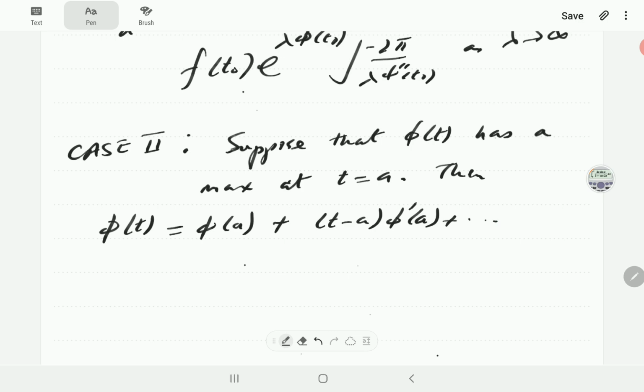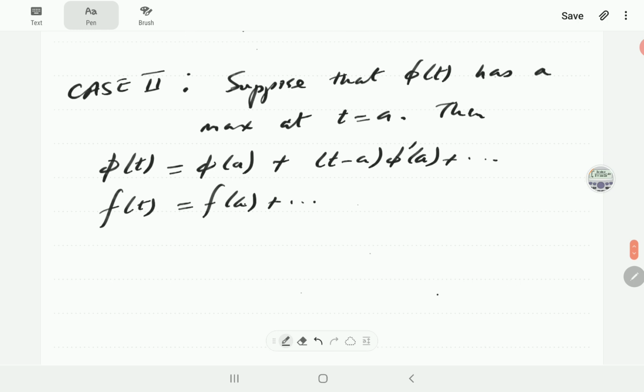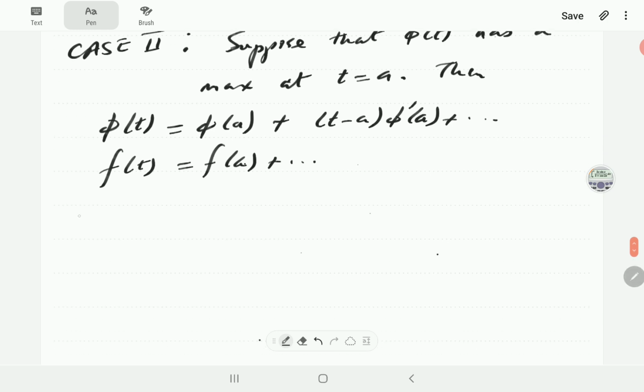And then of course we can do the same thing. So the leading order term for f is just going to be f at a, and the integral is going to take the following form.